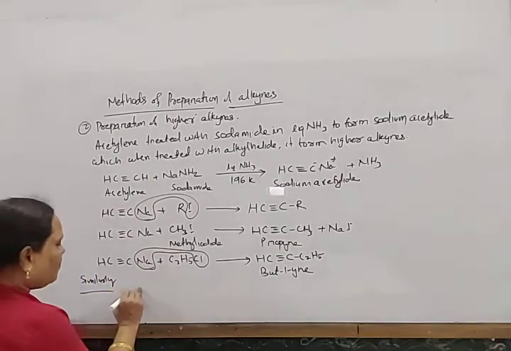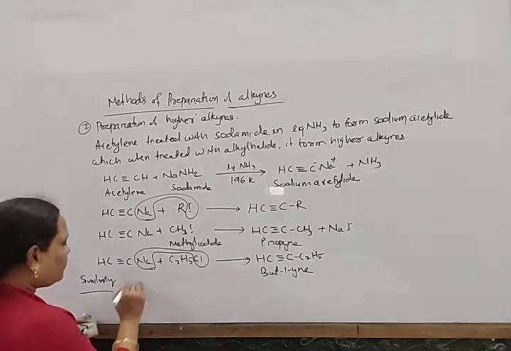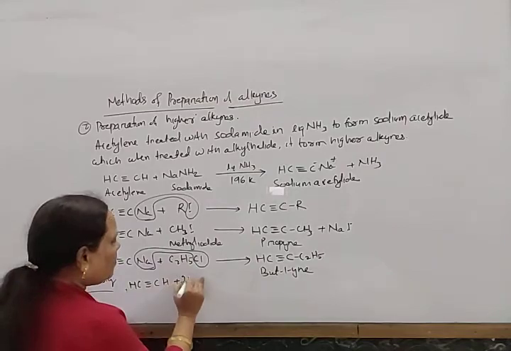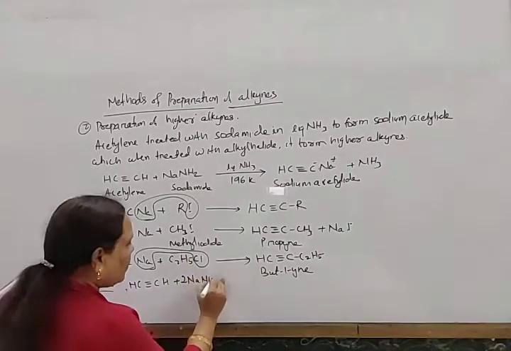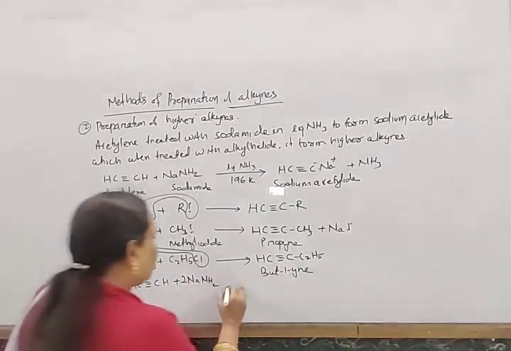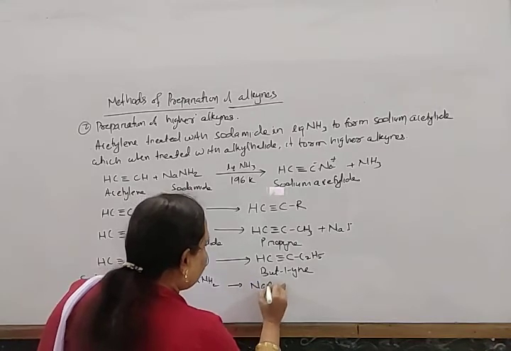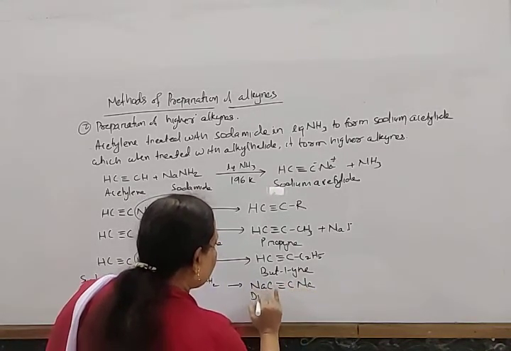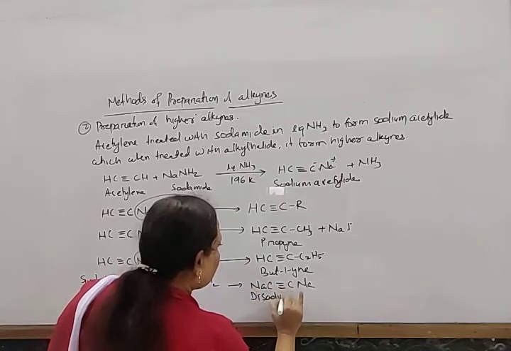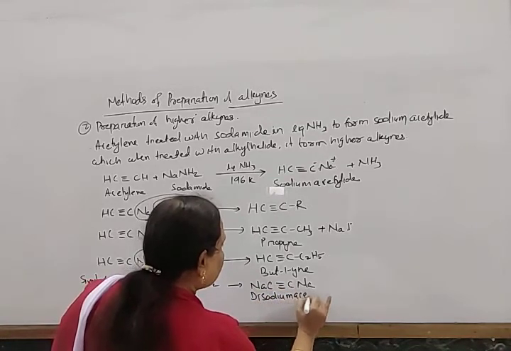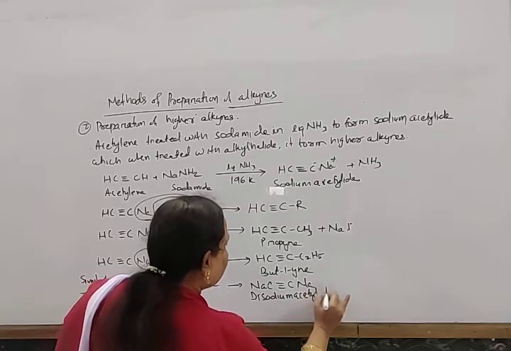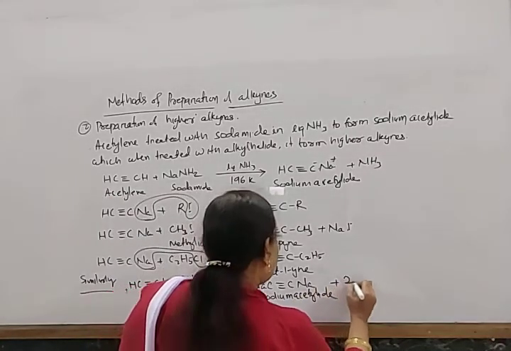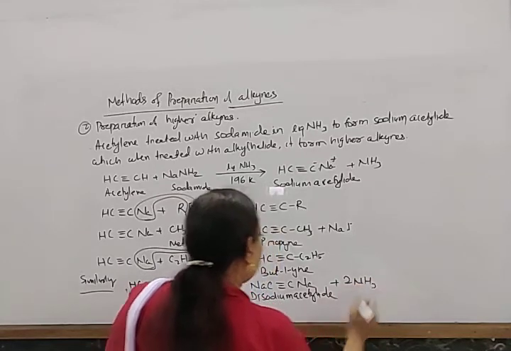Similarly, if this acetylene is treated with 2NaNH2, it gives rise to NaC triple bond C Na, disodium acetylide, plus 2NH3.